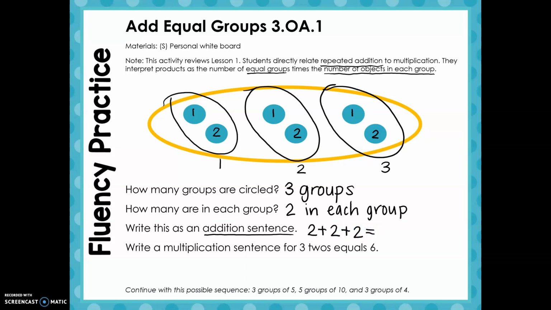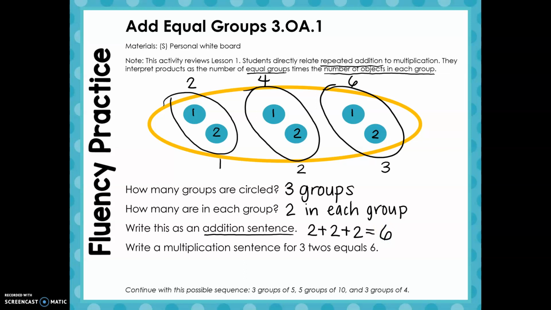To find my answer, I'm going to skip count by 2s like we practiced the other day. I start with 2, 4, 6. So I know that 2 plus 2 plus 2 equals 6.